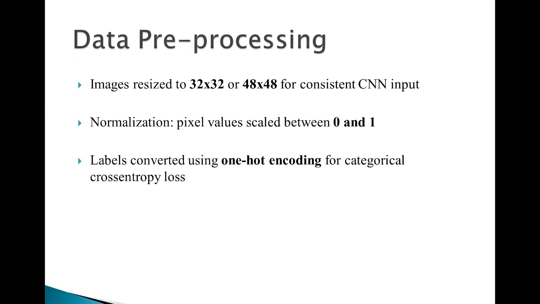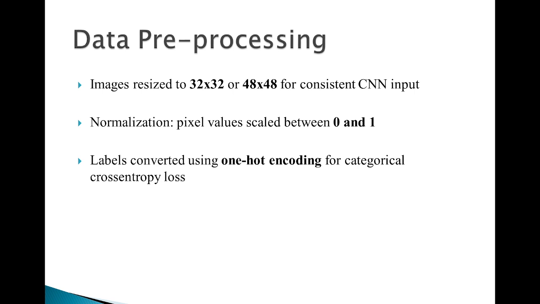In the data pre-processing, the images are resized to 32 by 32 or 48 by 48 pixels. After that, the pixel values need to be normalized, otherwise it will not train well, as we all know.